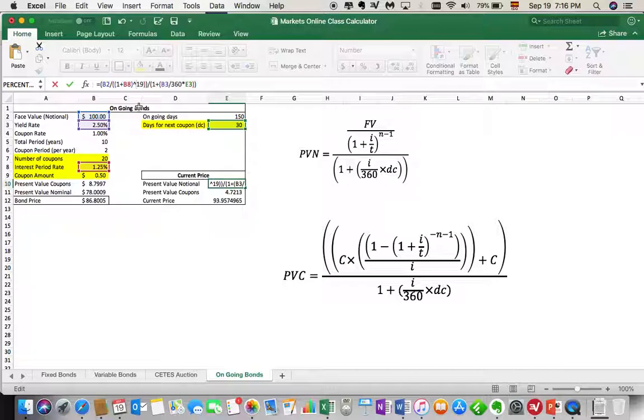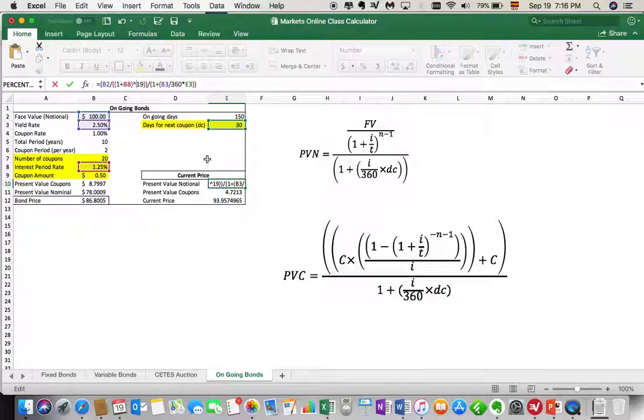I'm going to follow this class with a video explanation of the graphs of this formula so you understand it better. But for now, just remember that we're calculating one period less than the entire periods of the bond. So we have 20 periods, and we're getting the present value here of 19 periods. So what do we do with the remaining days?